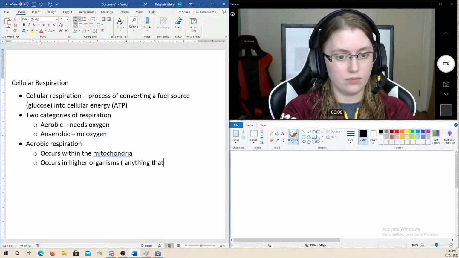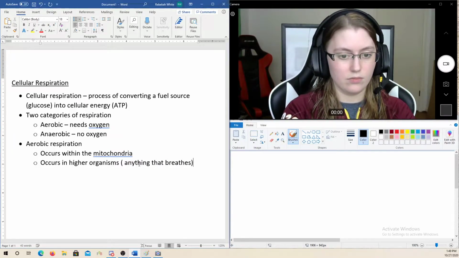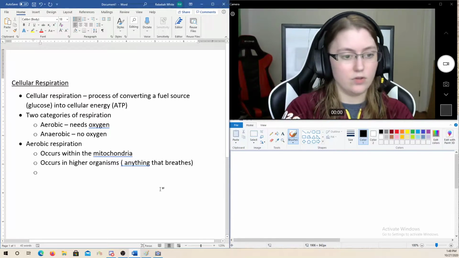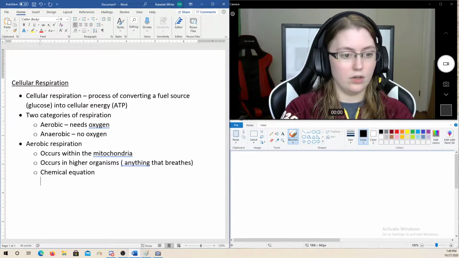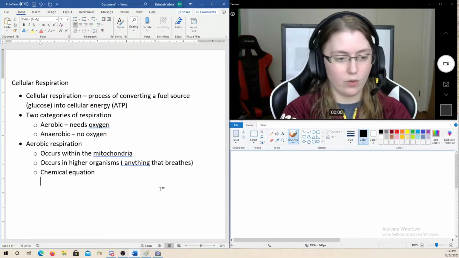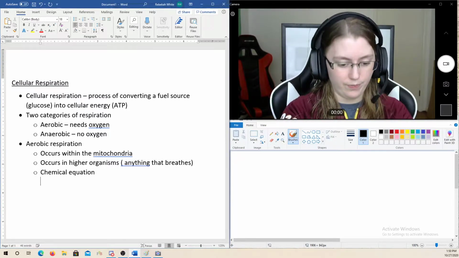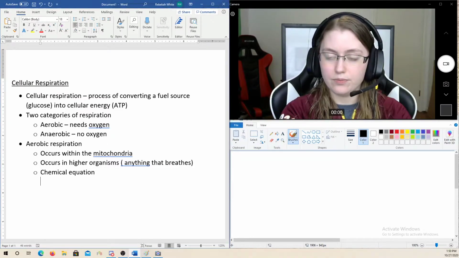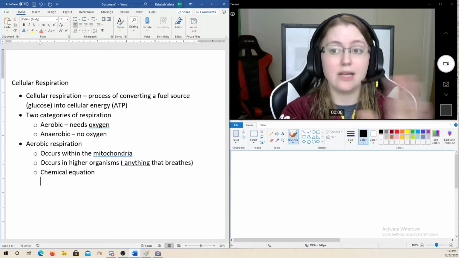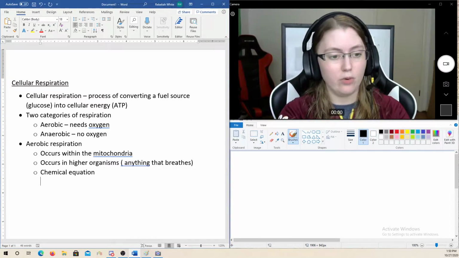Okay, so the chemical equation. So this chemical equation, we're going to start with, I'll write each of the chemicals first, and then I'll write the names below.